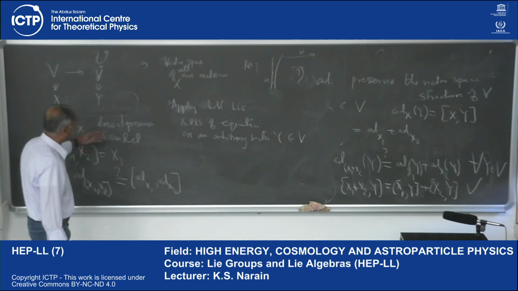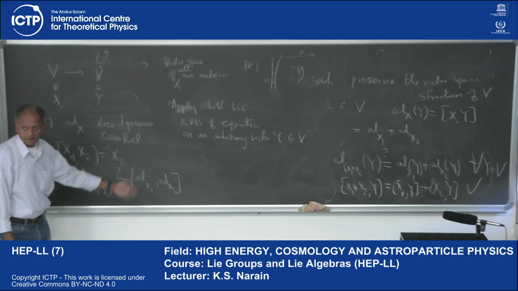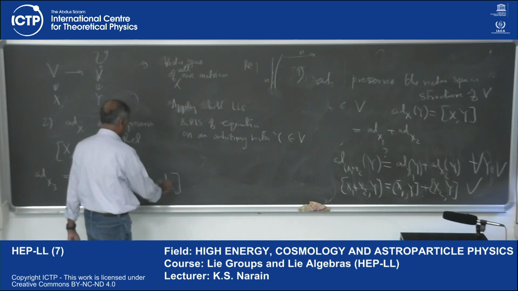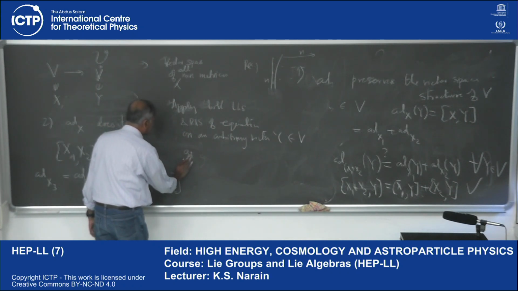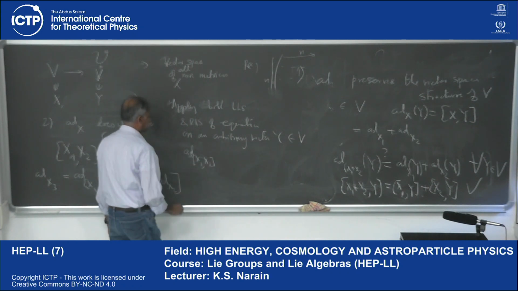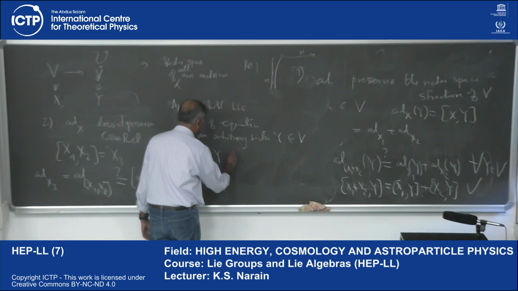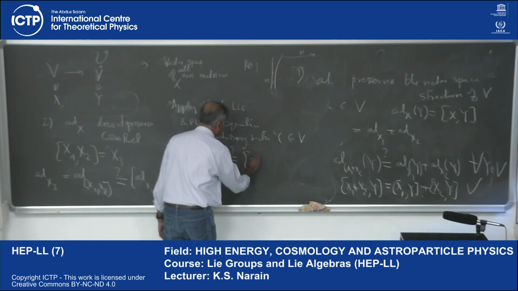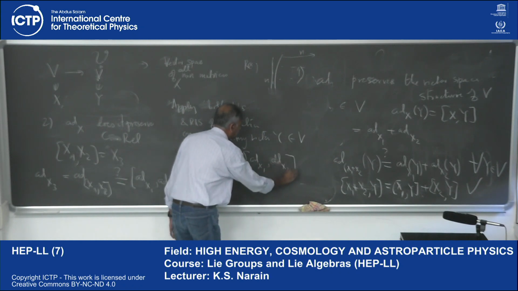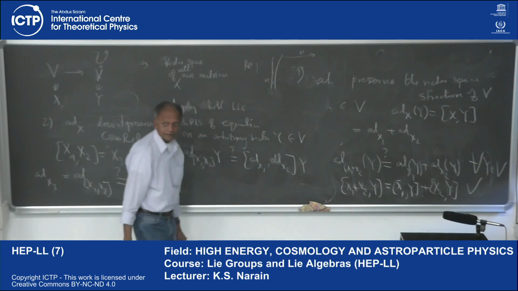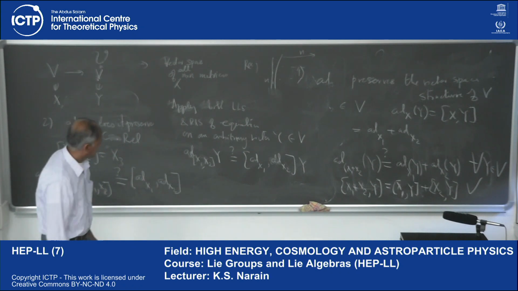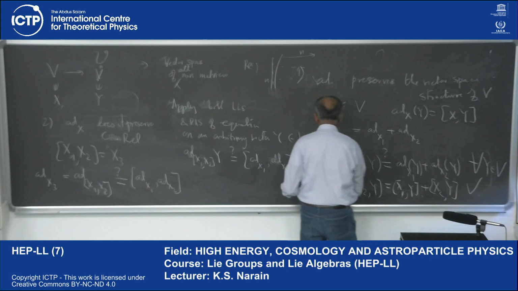Because remember, add was acting on the Lie algebra itself. The vector space on which it was acting was itself. Okay, so we want to check whether add of the commutator of x1 with x2 acting on y is the same as the commutator of add x1 and add x2 acting on y. So this is the question. So let's start from the right-hand side.